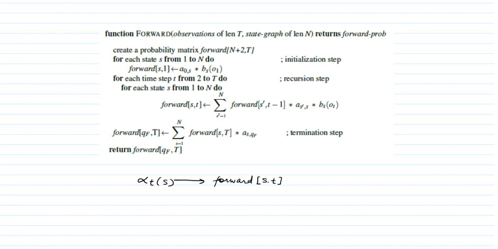Initially it does this for the first state, and then it does it recursively for all the states and observations, and then it calculates it for the final state. In this way we can calculate the probability of a given sequence, right?